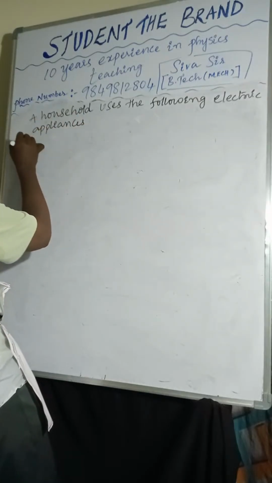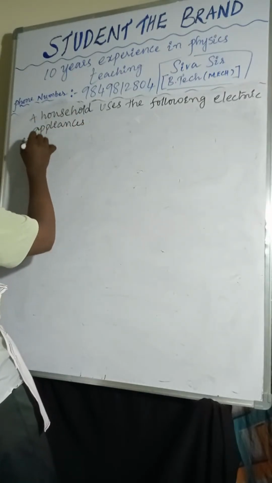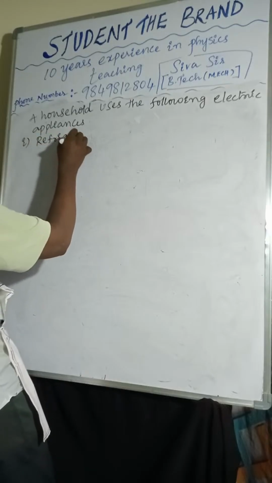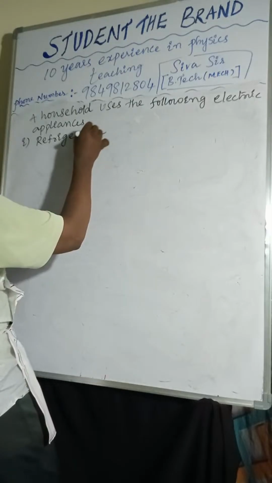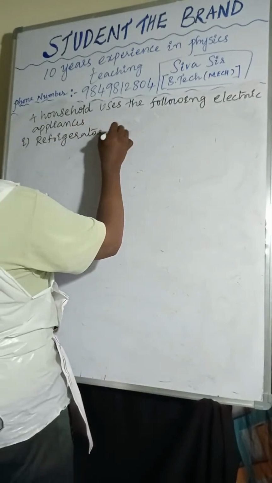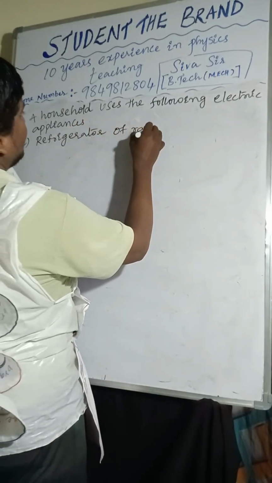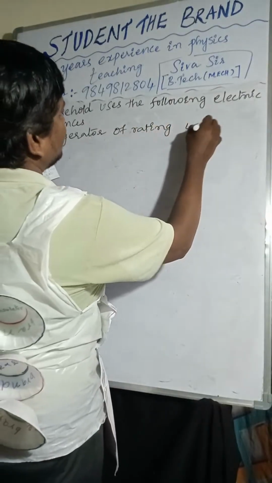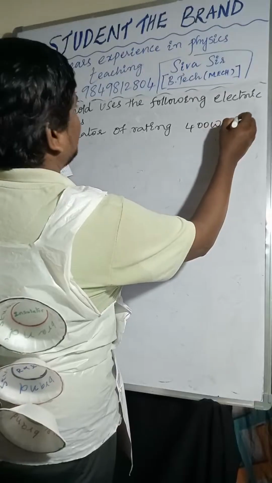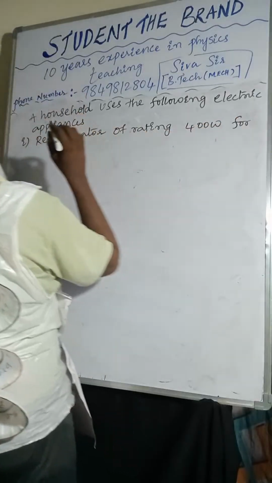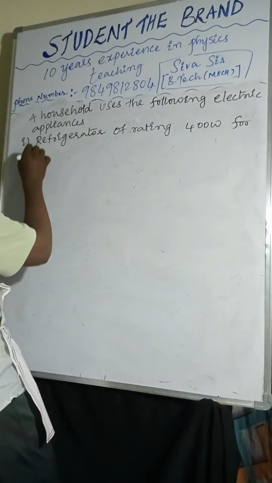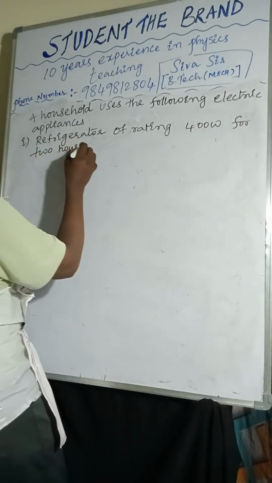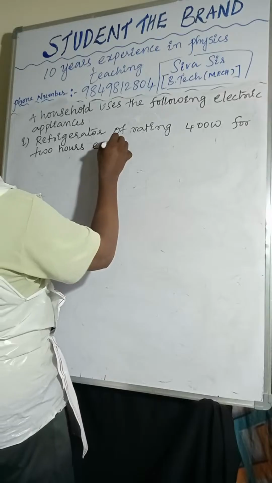First one, a refrigerator of rating 400 watts for 2 hours each day.